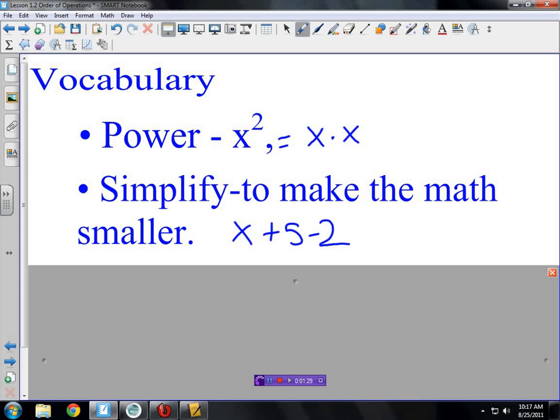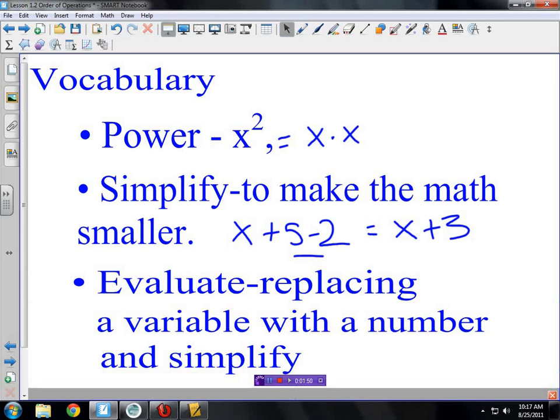Yeah, we could do the math part with the numbers, right? The numbers over here. So what we could do is we could change this to say x plus 3, yeah. X plus 3, and that's simplifying. And you can obviously see how the one on the right's shorter, more simpler to look at than the one on the left.